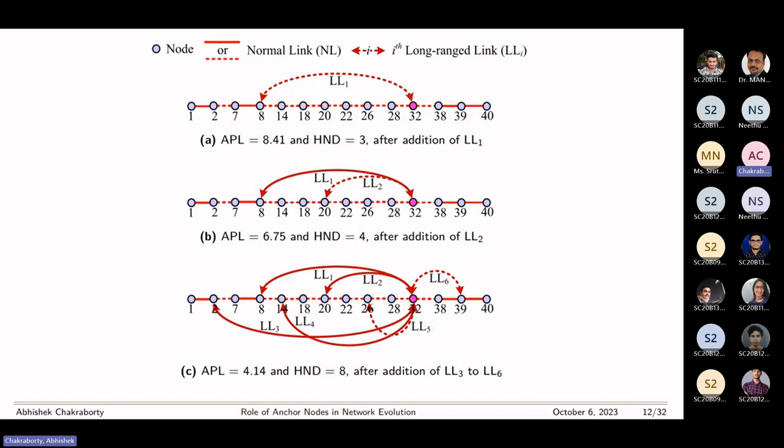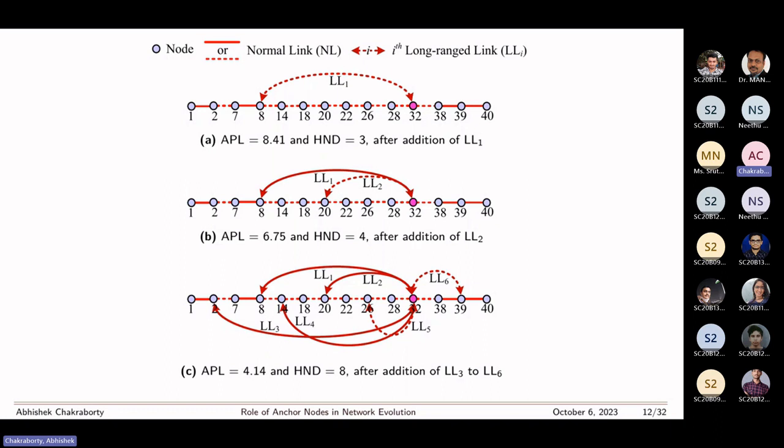So what will happen for 30 node? If it is a 30 node network, where will the first LL be added? 6 and 24, right. So for 100, it is 20 and 80. Just multiply the number of nodes with the fractional location.